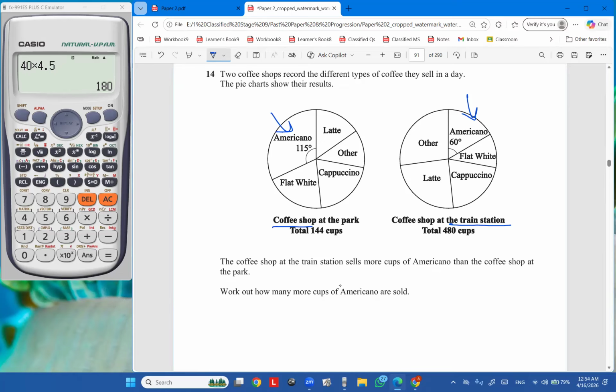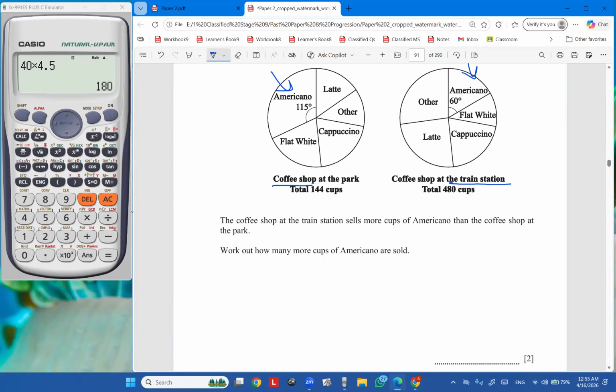Work out how many more cups of Americano are sold. To find at the train station, he sells 60 degrees out of how many? The full circle is 360. So 60 degrees out of 360 of, which means times, of 480 cups.